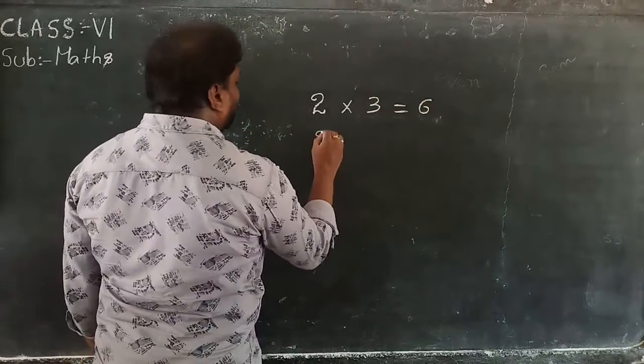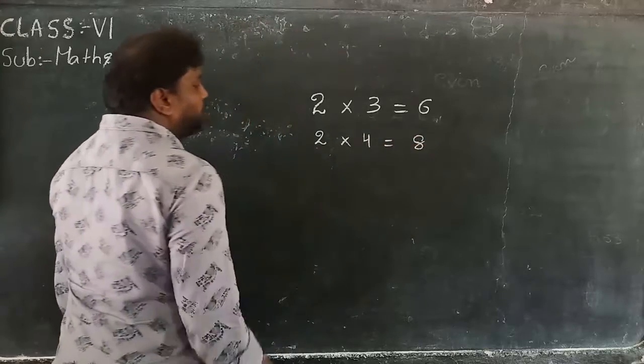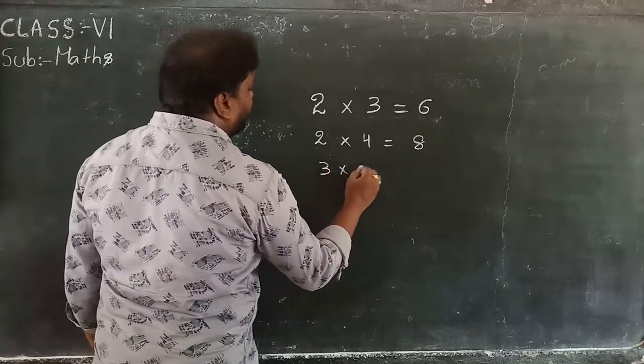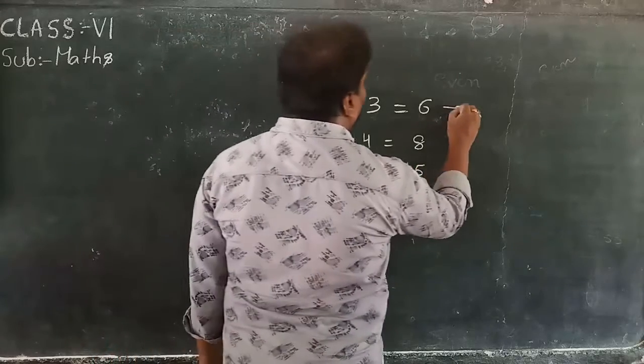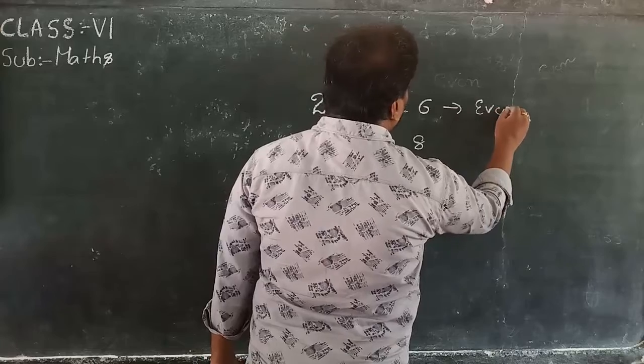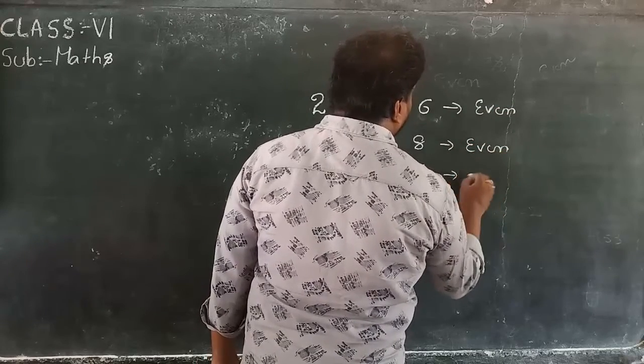The product of even number into even number will give an even number. The product of odd number into odd number will give an odd number.